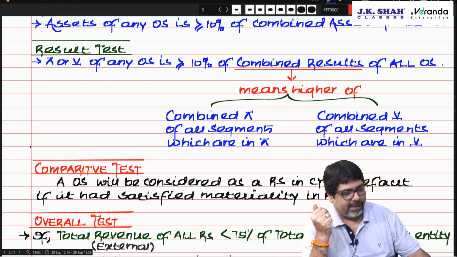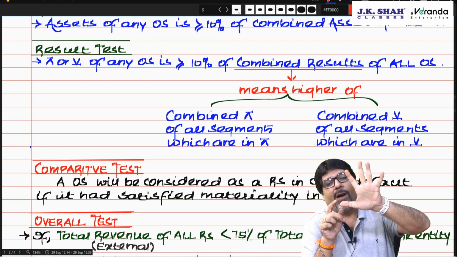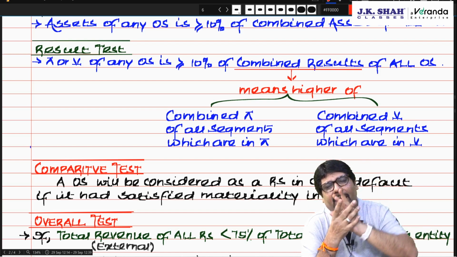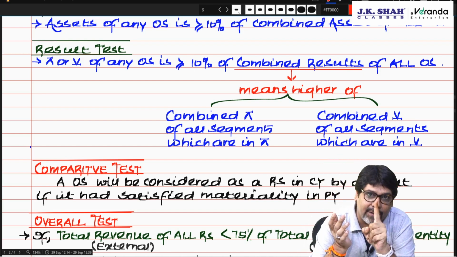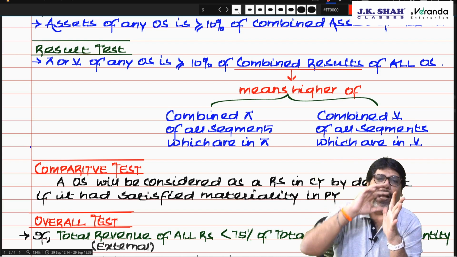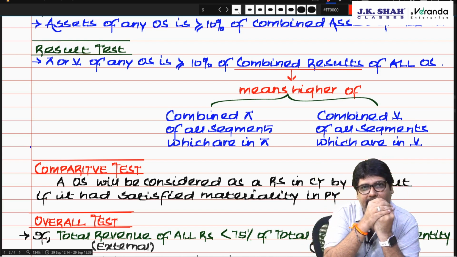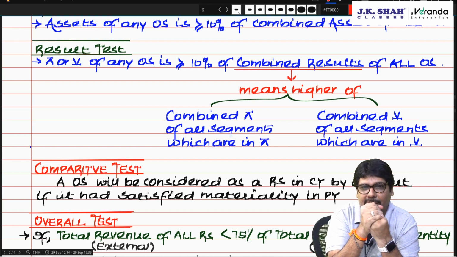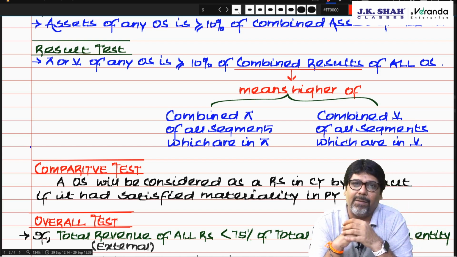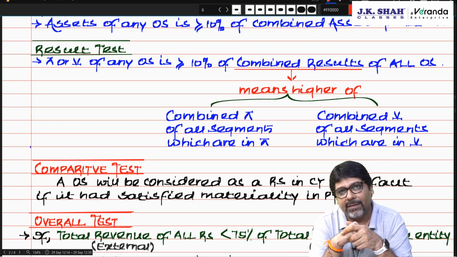Overall test. Now suppose, Chartered, there are 5 reportable segments. All 5 reportable segments' revenue we add, only external revenue. For overall test, it is only external revenue. The revenue of all 5 reportable segments put together should be greater than or equal to 75% of the total revenue of the entity.